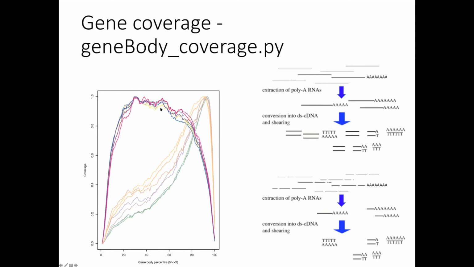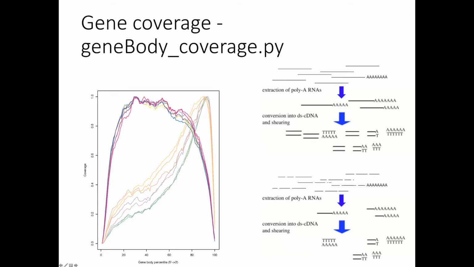If you have a non-degraded sample, it should look something like this. And if you have a degraded sample, it's going to look something like this. Also, if you use 10x data or something like that, which is just sequencing the 3' end of the read, you're going to see a very similar pattern.